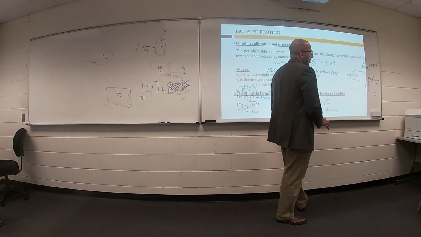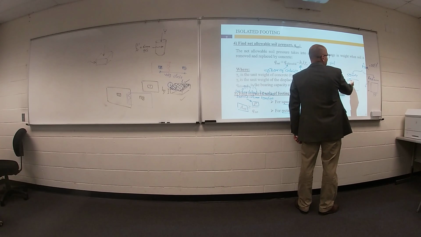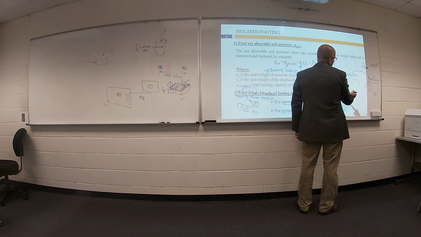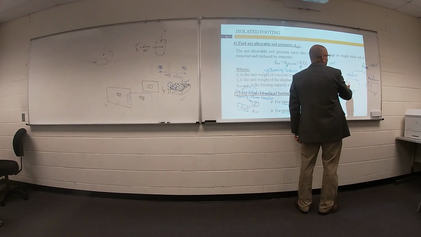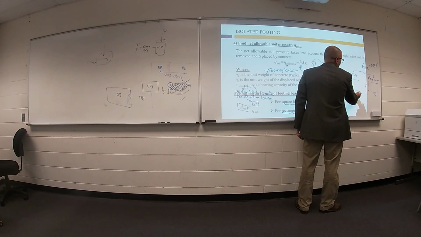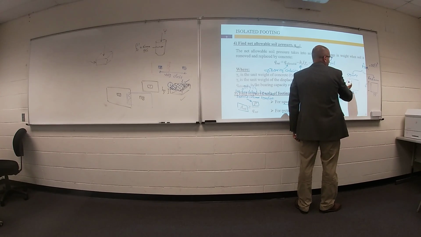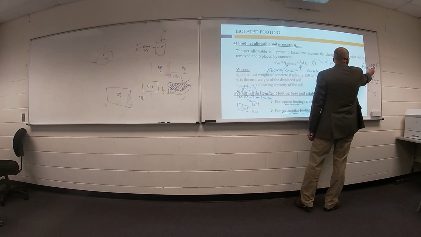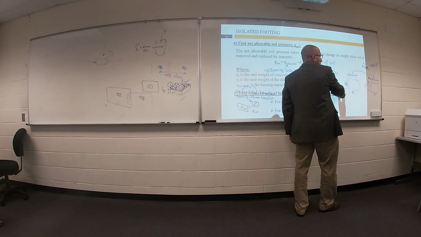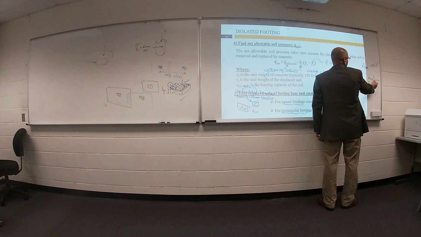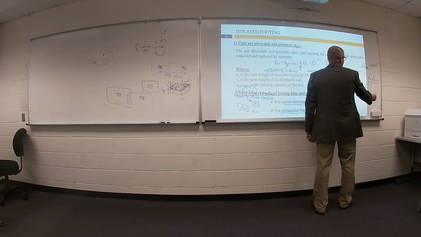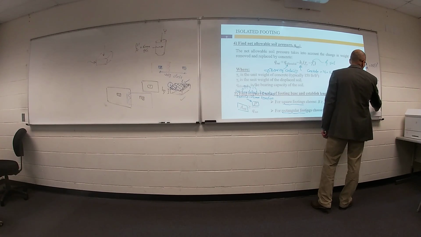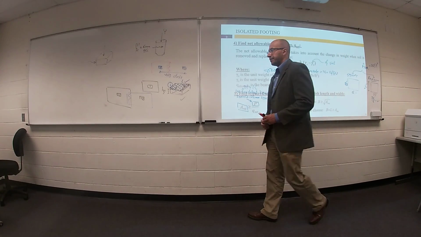If you are designing a square, this length equals this one, so I will assume 5 feet and 5 feet. 5 times 5 equals 25 or greater. Maybe you can assume 5.5, or 6 times 6. That's fine, this is a minimum; you can exceed the area required as you like. If your footing is rectangular, I assume one side and the other side will be 25 divided by 4. You can get your dimension.